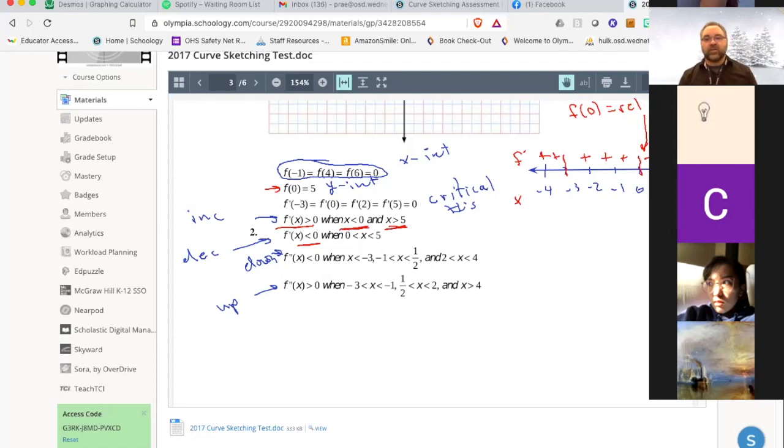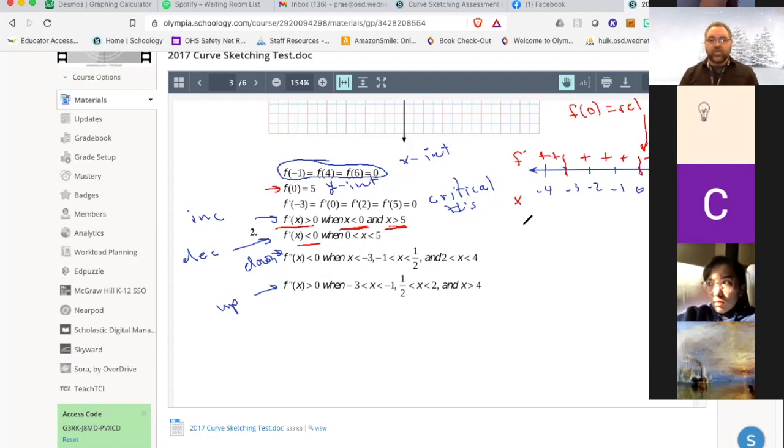And then it decreases until we get to 5 again. And then f(5) is a relative min, because our first derivative changes sign from negative to positive there. So right there, we figured out where our relative extrema are. We also figured out our increasing, decreasing.